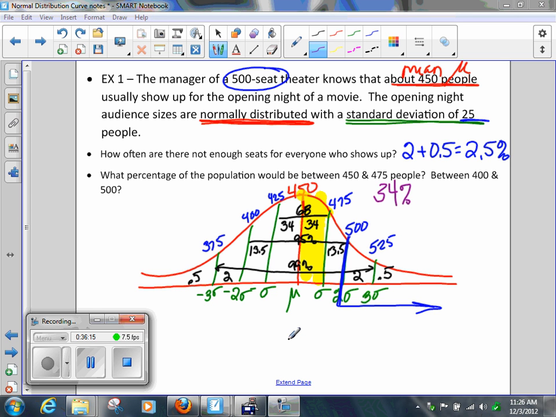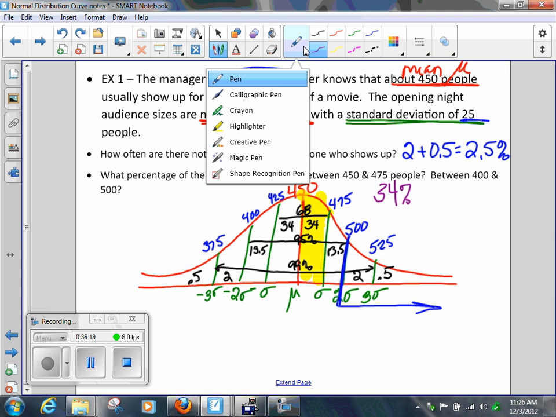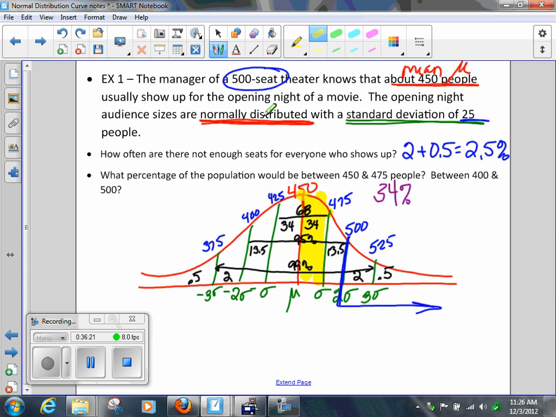How about between 400 and 500? 95. How do you know? Because you're looking specifically at, let me see, can I change? Yeah, I can. All right, I'm going to change to blue here. Kelly, I'll have this on the web page, homepage, whatever. And you see here, 95%, yes. Y'all cool with that? Questions?